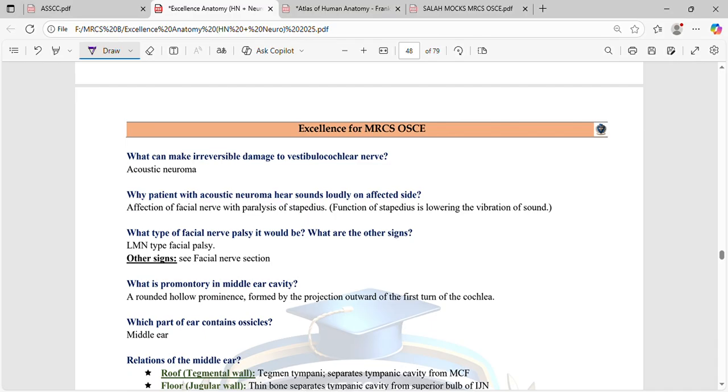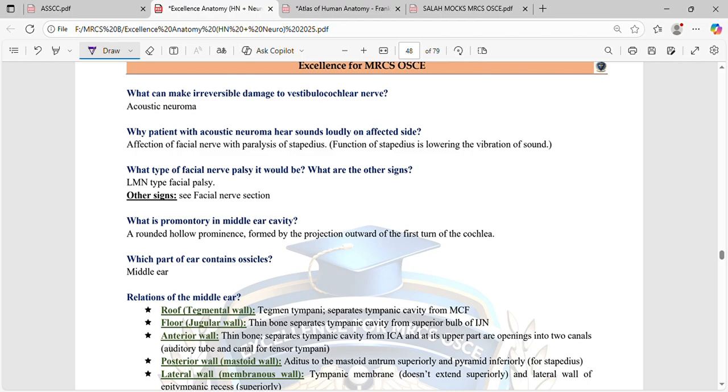So what type of facial nerve palsy would it be? Lower motor neuron type of facial palsy. So what are the other signs?